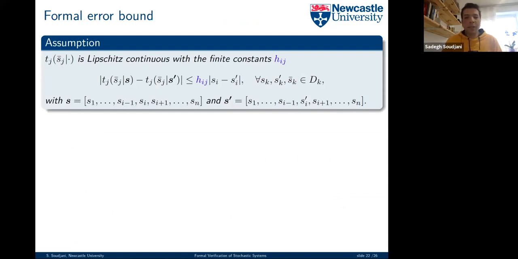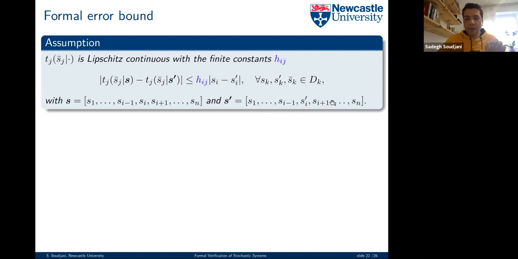Now let's go back to the major challenge of quantifying the error. Here again, we put an assumption on the continuity of the density functions. We assume that all these individual density functions are Lipschitz continuous if we change the current state S to another state S prime by only changing one of the coordinates. All the other coordinates are the same; I only change Si to Si prime.